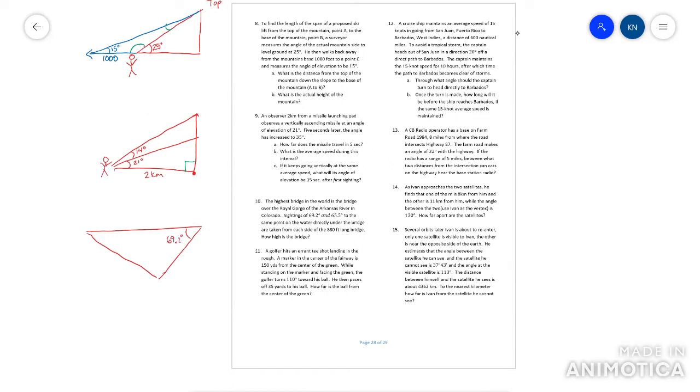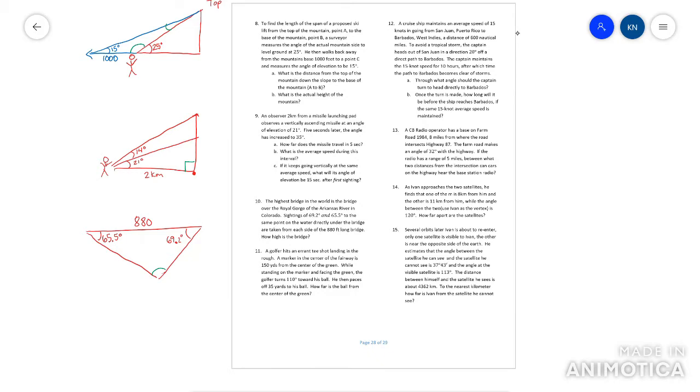And the other guy, when he looks down, sees 65.5 degrees. And the two people are 880 feet away from each other. So that right there is everything you need for this triangle. This one, I would go get this angle, and then you can run law of sines.